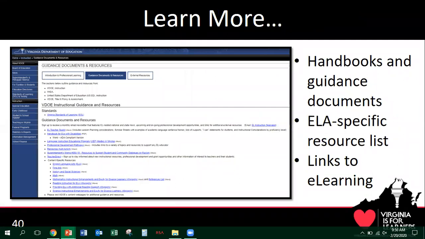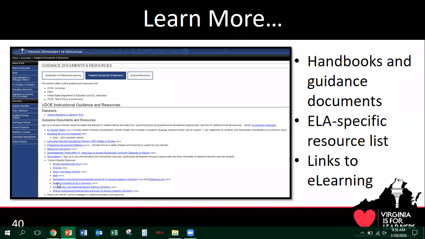Just as a quick note before we part ways for today, on the English learner education website, under the guidance, documents, and resources tab at the top, you can see a number of supports and infographics. And down here at the bottom, these two are where you can find the ones I feature specific for reading.